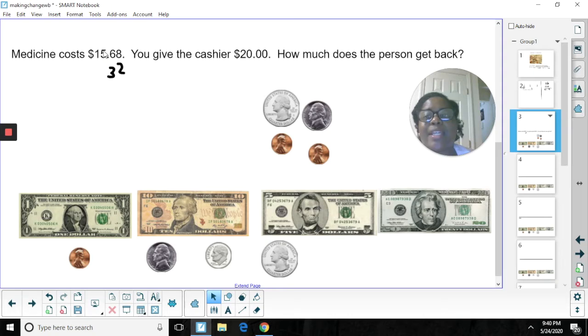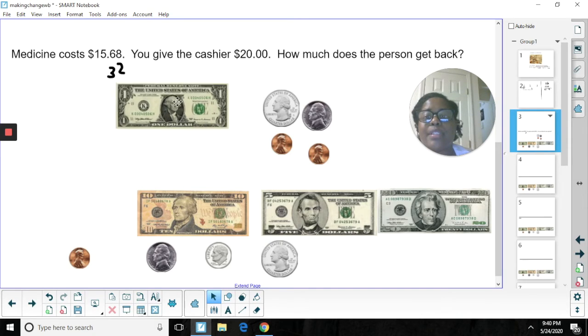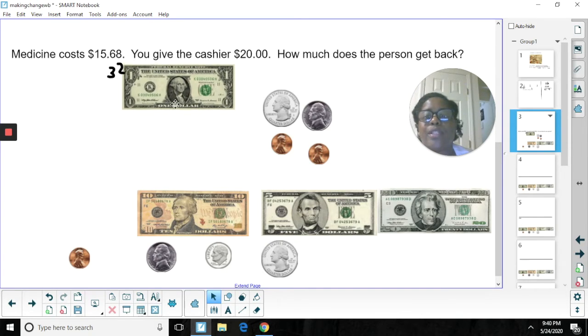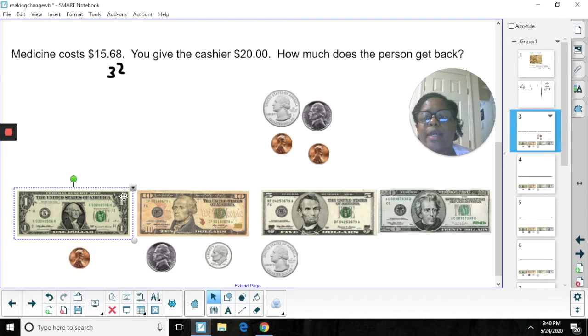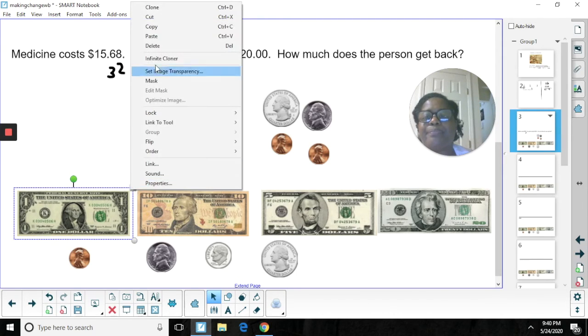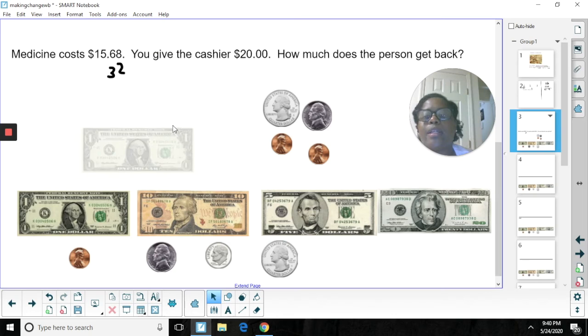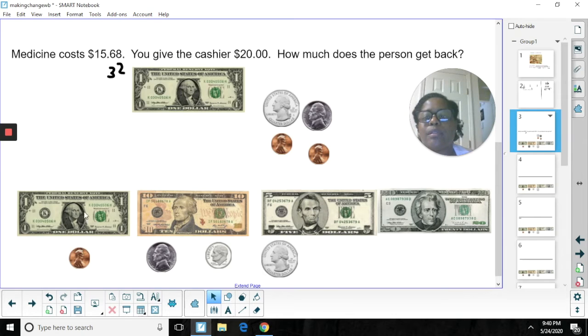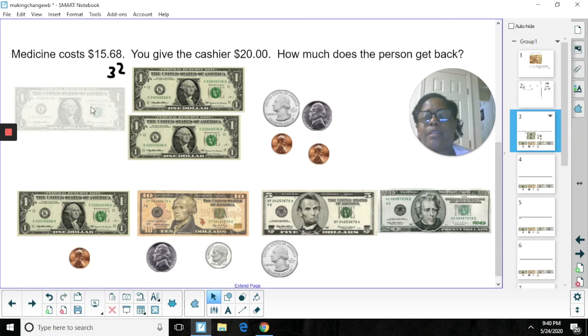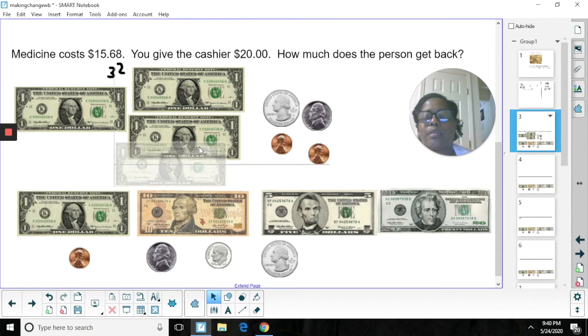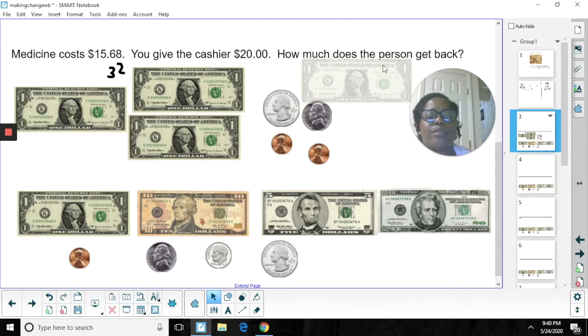So now we have to count up from 16 to 20 to find out what our bills are going to be. Okay? So we would go 17. Oops, I thought I had cloned it. Let me clone it. All right. 17, 18, 19. Let me put this one over here. 20.